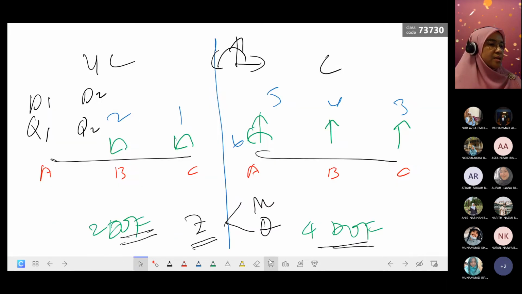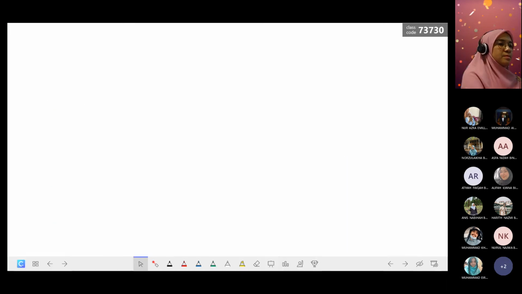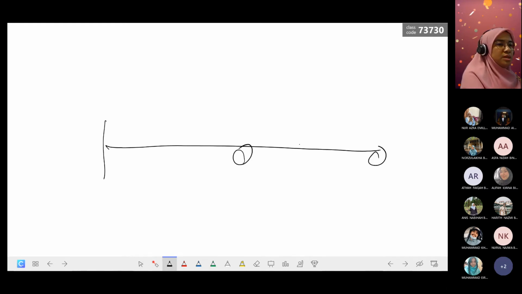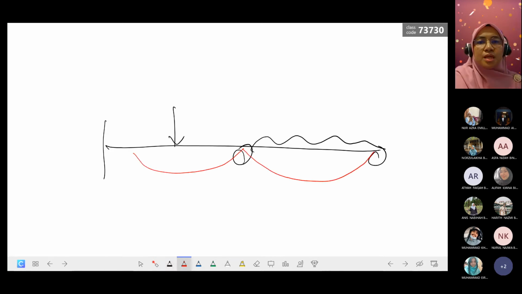Macam ni. Beam. Ni roller, so ada loading. Macam mana dia deflect? Macam ni kan? Deflect. Okay. So, kat mana dia punya slope?